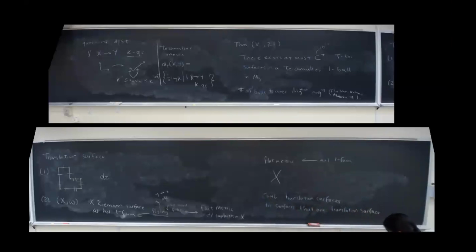Okay. So let's consider the following thing. Suppose S is a combinatorial translation surface, and X is its associated Riemann surface.